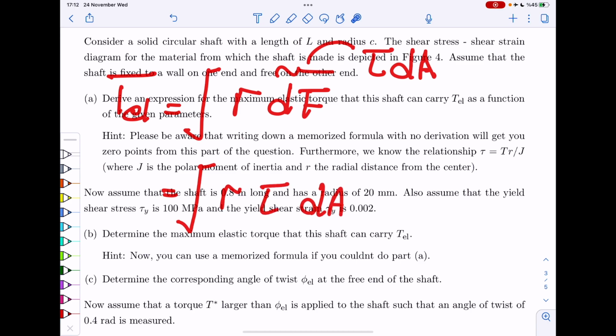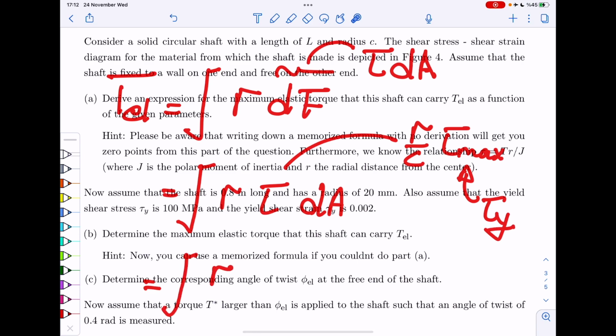Remember we said tau is R over C tau max, and tau max is tau y, the yield stress. So you get the integral of R squared divided by C tau y dA. And you can immediately recognize what's happening here, right?